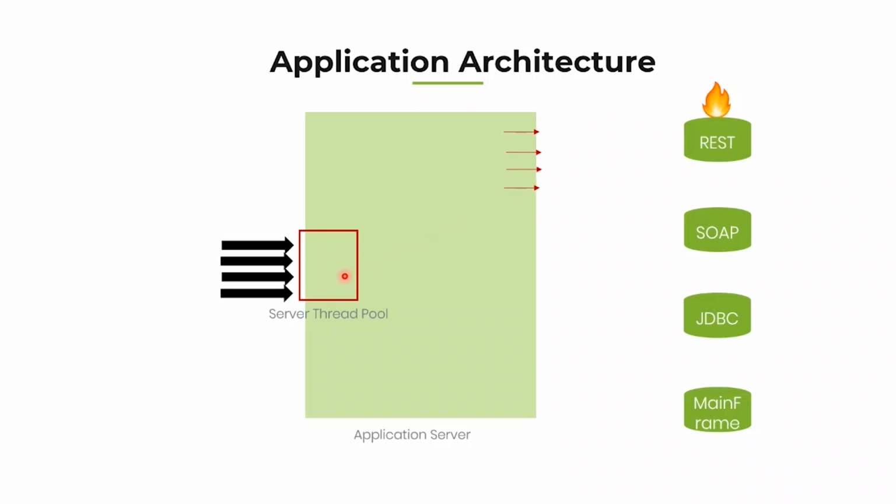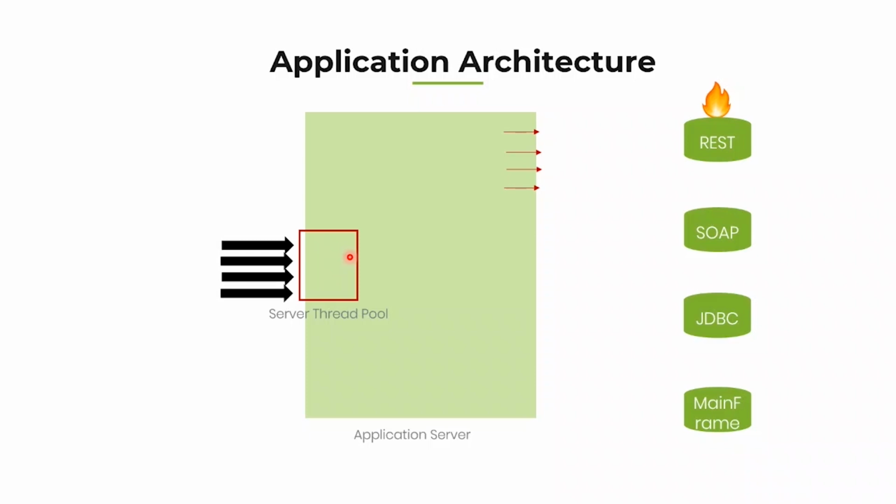So if just this one system of record is unresponsive, it can eat up all the threads from this servlet container thread pool. Then there are no more threads to service new incoming requests, which means your application is going to become unresponsive.